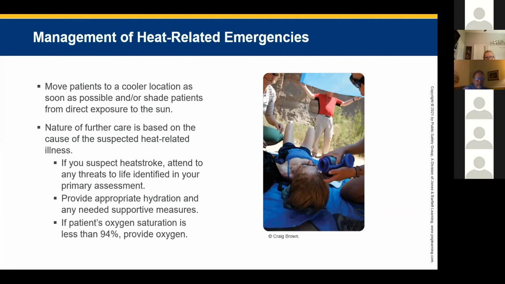Okay, so when you say a cannula, how high can you go with the oxygen? How many liters? 2 to 6.